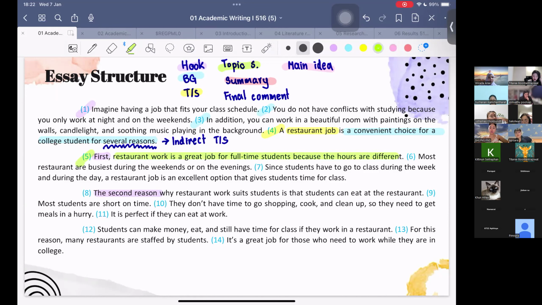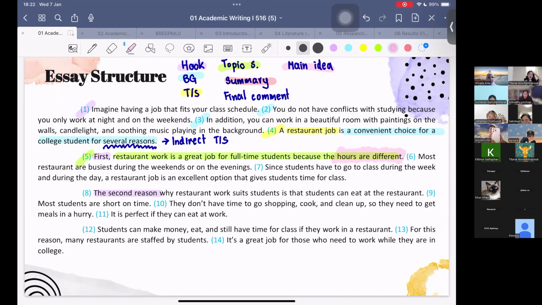The whole of sentence 5 is the topic sentence, and the main idea is why we should work in a restaurant: because the hours are different.